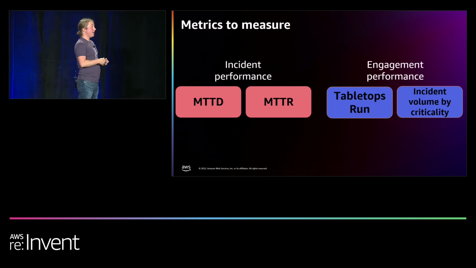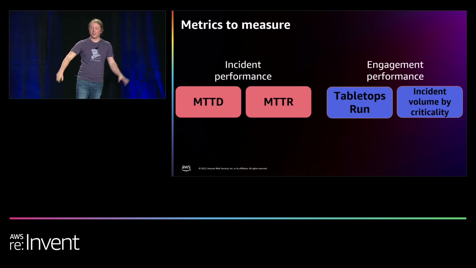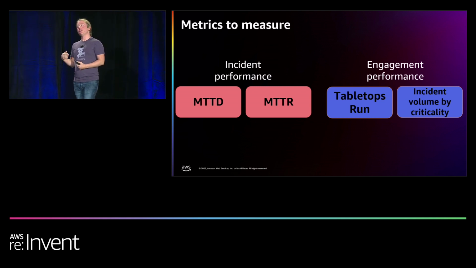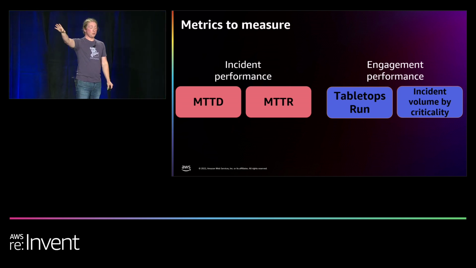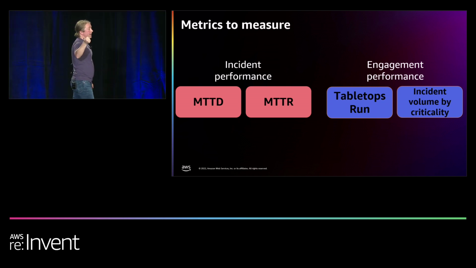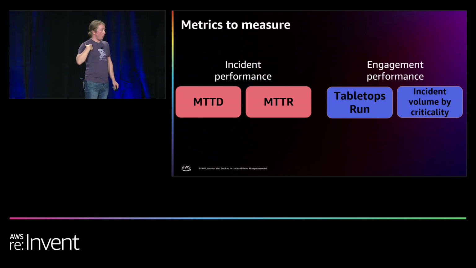So if you do decide that you want to go back to work and implement this, and we did promise metrics, the metrics that you could use to see how am I doing at this as time goes on is to measure on two dimensions. We can look at the engagement performance. How good are we actually doing at identifying the criticality of an incident and involving humans? So that's incident volume by criticality.